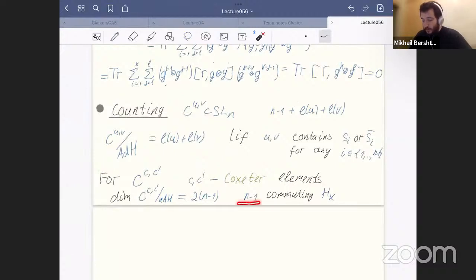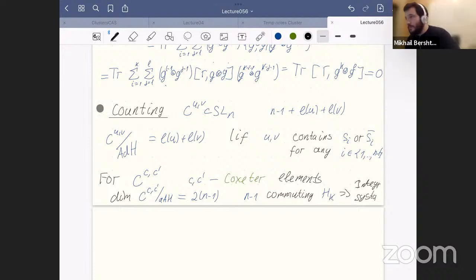So the number of commuting Hamiltonians is a half of the dimension of the space. So we get an integrable system. And this integrable system is called Toda.